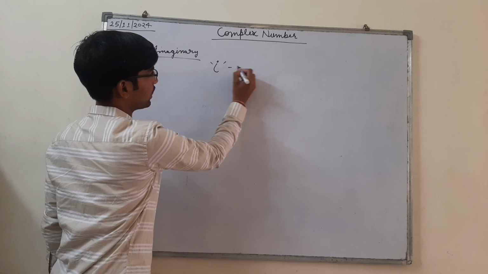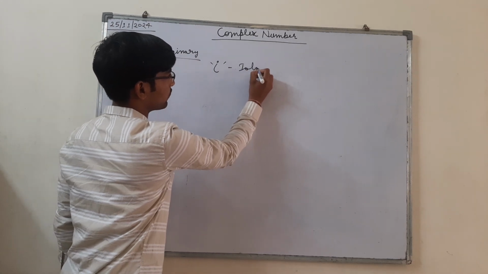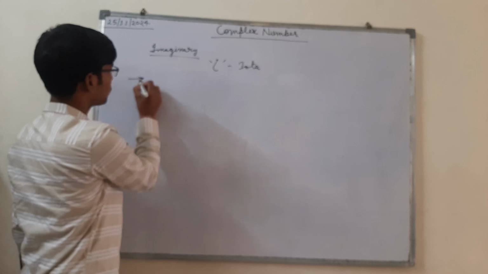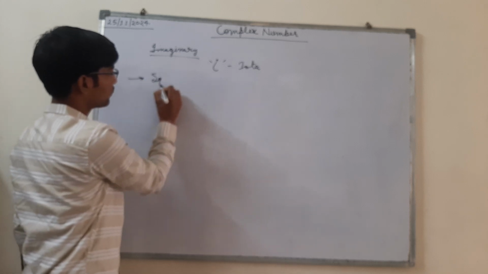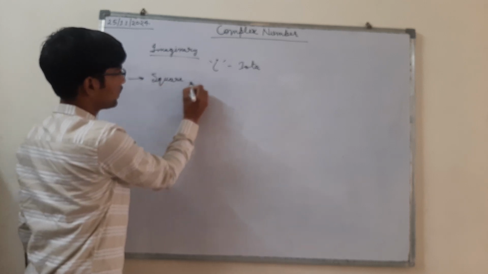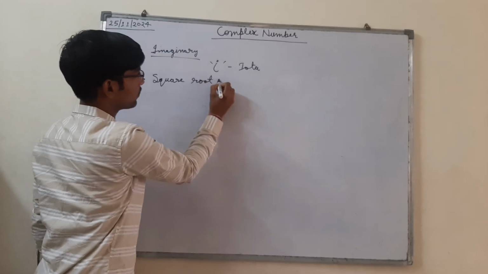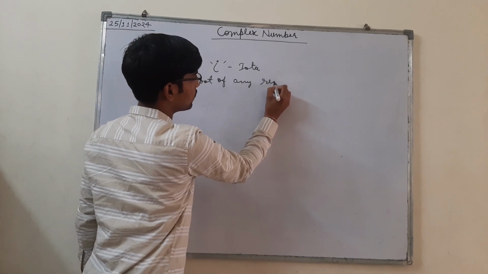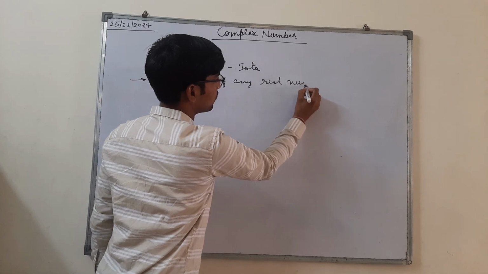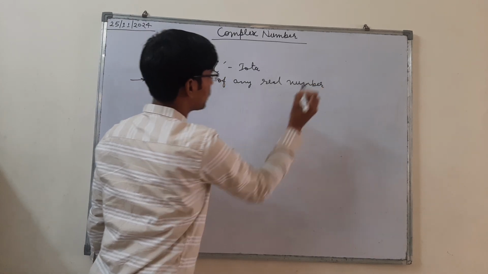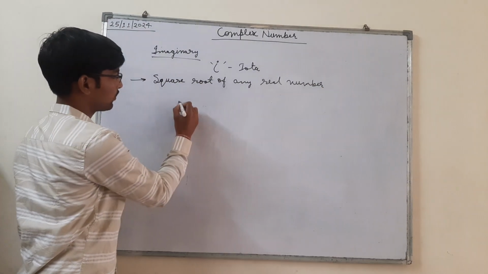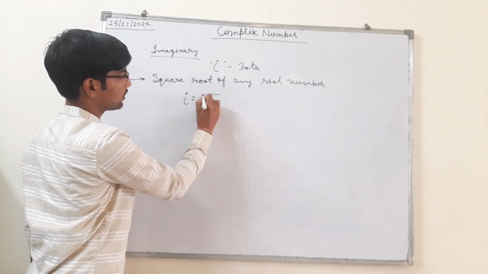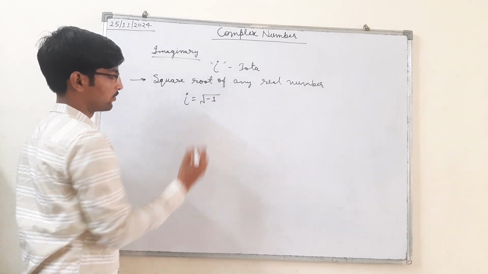This symbol is called iota, and the imaginary number is the square root of a negative real number. Okay, then iota is equal to under root of -1.